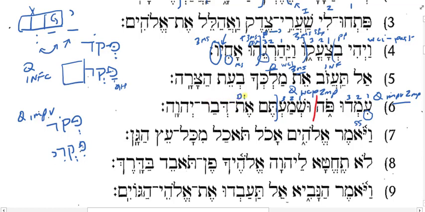This is marking the direct object. The direct object has to be definite. And how do I know this is definite? It's in a construct chain, and the last member is a proper noun, which makes it definite. Okay? So stand here and hear or listen to the word of Adonai. Okay, does that help? Okay, good.